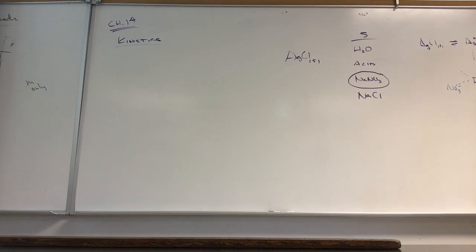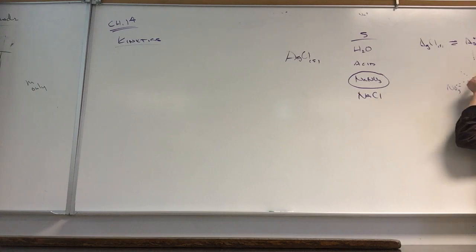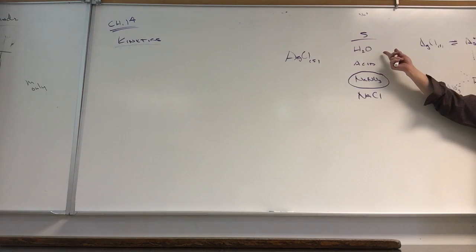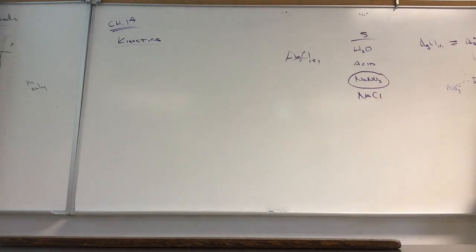The activity of silver ions in pure water should be higher. That is, silver ions should have a higher effective concentration in pure water than in sodium nitrate, because the effective concentration of silver ions, the free silver ions surrounded by water molecules, is lower in sodium nitrate, and therefore its activity is going to be lower.